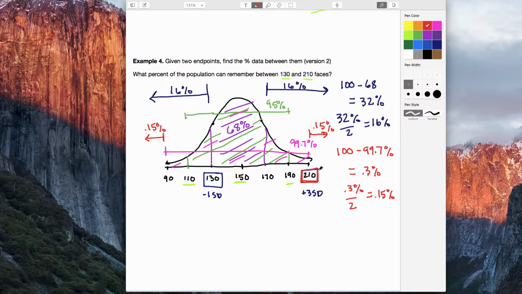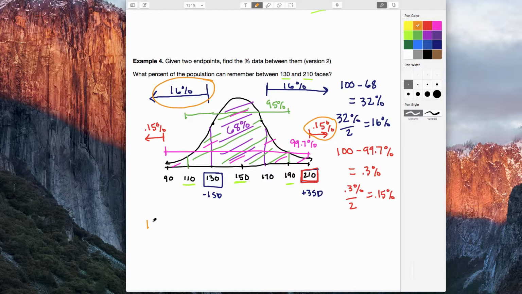All right, so why did I need that? I only need to go between 130 and 210. If I cut off the part that's too low and cut off the part that's too high, I'm landing with the percent of people straight in the middle.